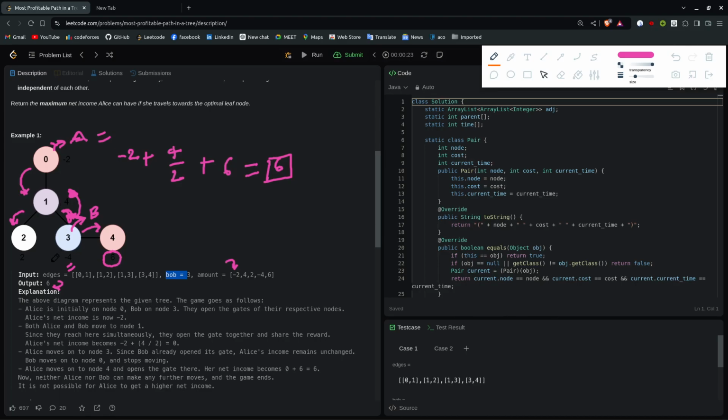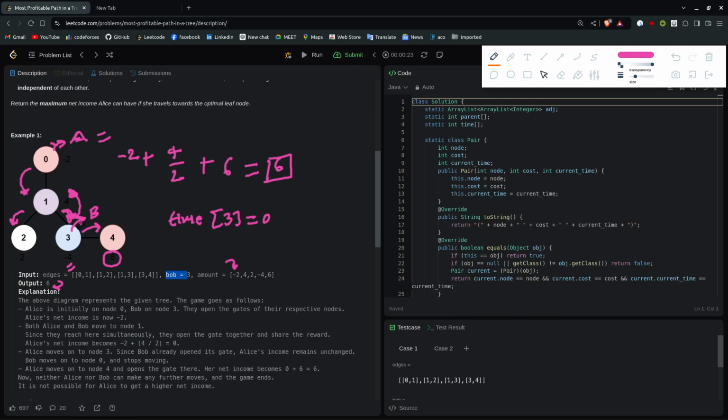So what I mean to say is, look at this node. Initially Bob is at 3, so we say that time to reach node 3 is 0. And why am I computing this? We will see later on.